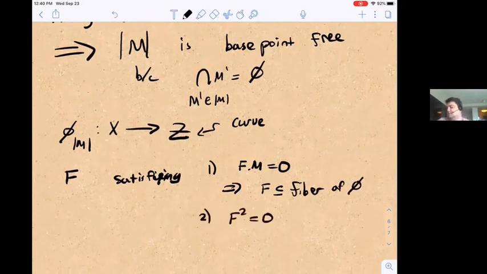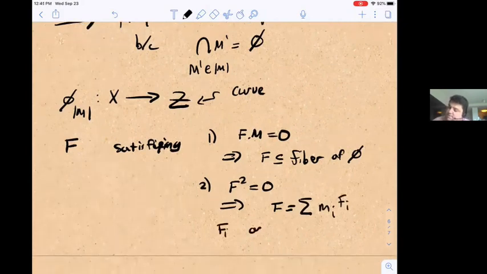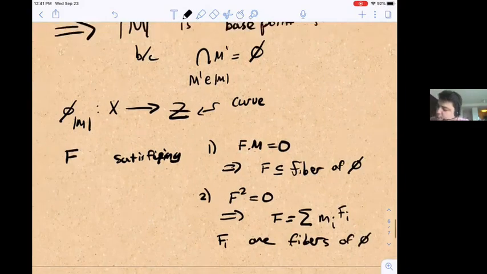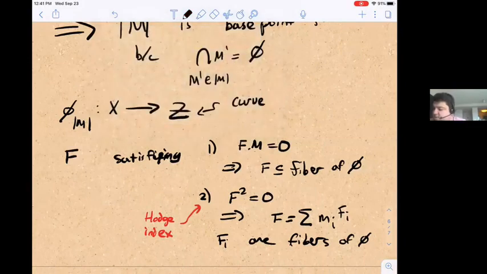And so by this corollary of the Hodge index theorem, F has to be a multiple of fibers. So F has to be of the form the sum of m_i F_i, where the F_i's are fibers of phi. So this was by the Hodge index theorem.